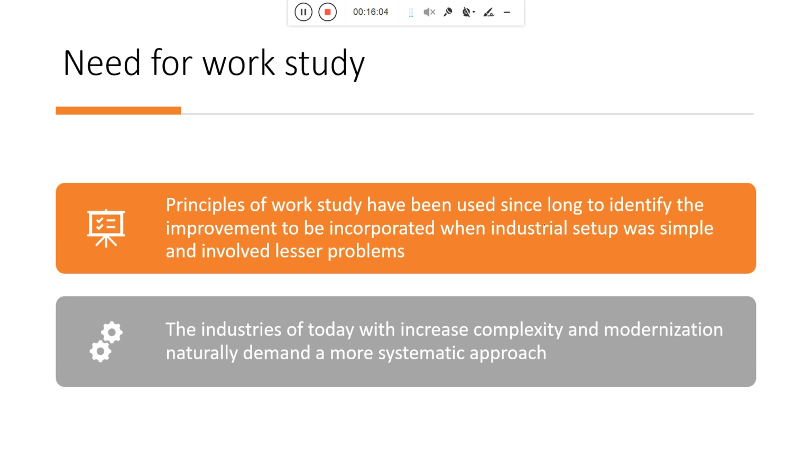So, the need of work study: why is work study needed in the organization?